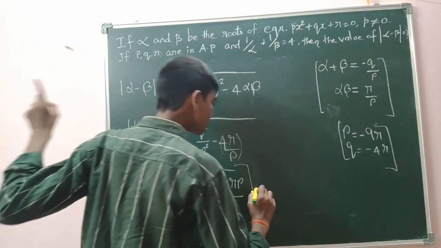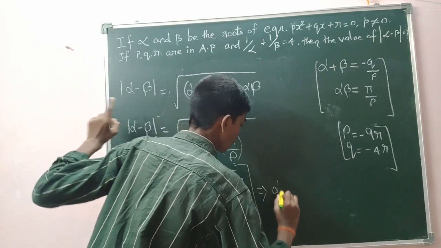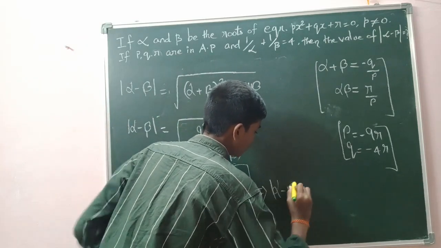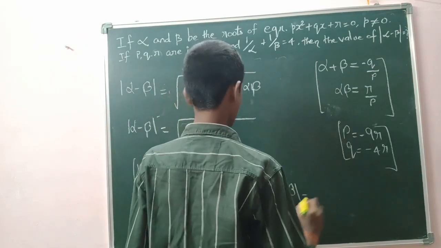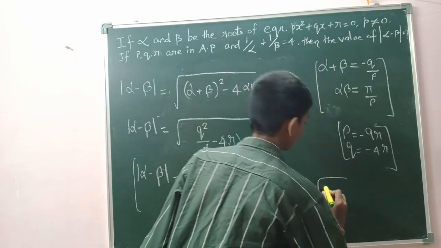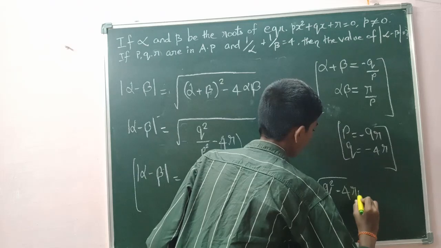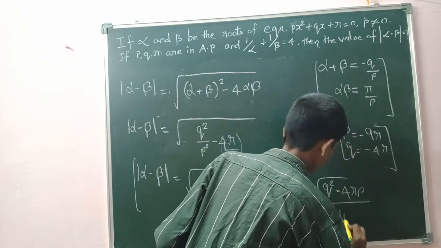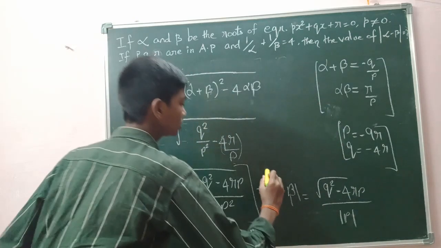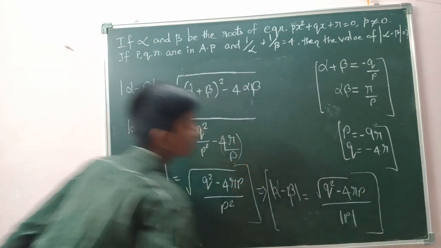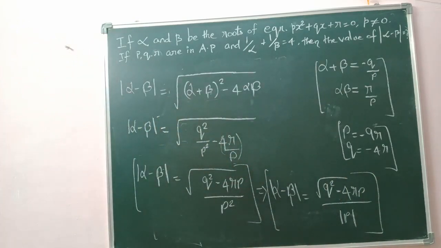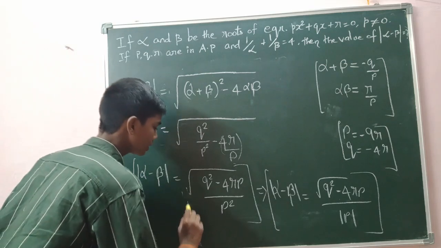So from this, I will say that your mod of alpha minus beta will be nothing but root of q square minus 4rp by mod of p. I hope you guys understand what I did here. We know that it is something with whole root, guys.